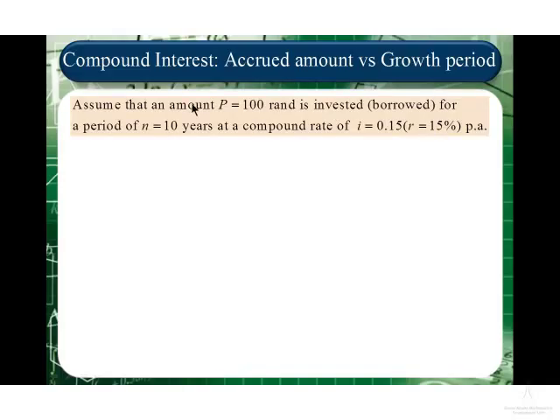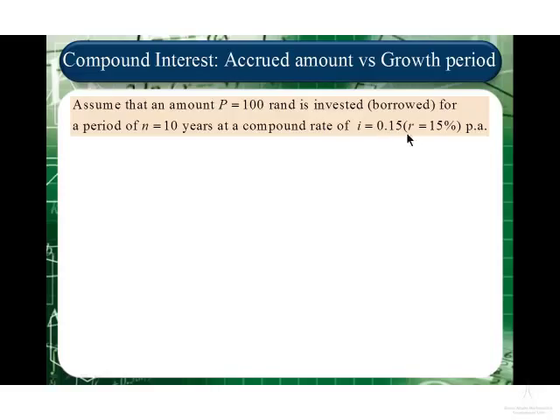As a first exercise linked to compound interest, we look at the accrued amount versus the growth period, and see if you can identify a trend in this regard. Let's assume that a principal amount of P, let's make it 100 Rand, is invested or borrowed for a period of 10 years. So n is equal to 10, at a compound rate of I equal to 0.15.